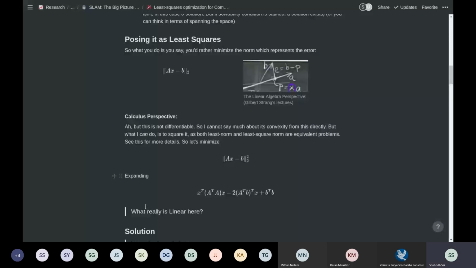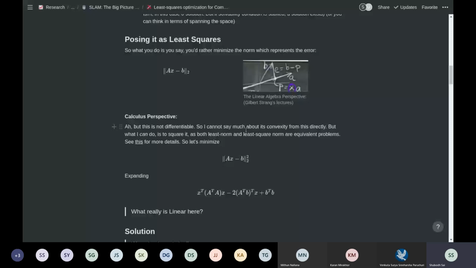So what we do rather is square this norm for the sake of convenience. You cannot just square it like that. You also have to ensure that minimizing the norm and minimizing the squared norm are equivalent problems. If you want to know how those two are equivalent, you can go through this.